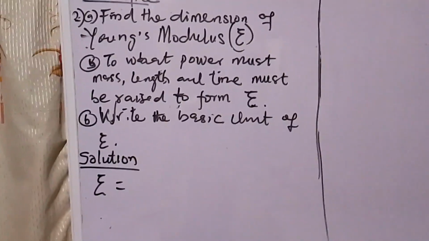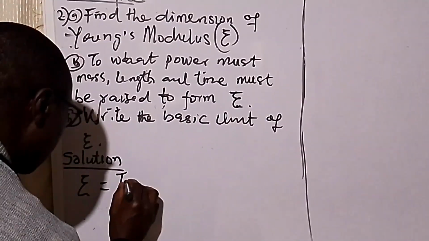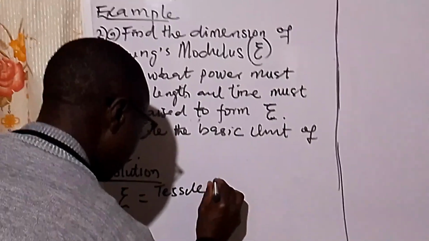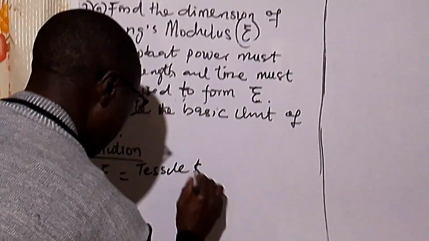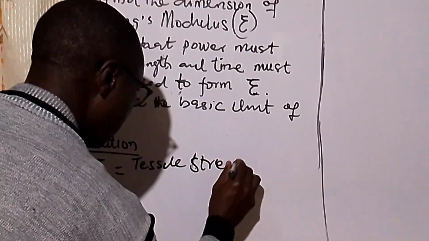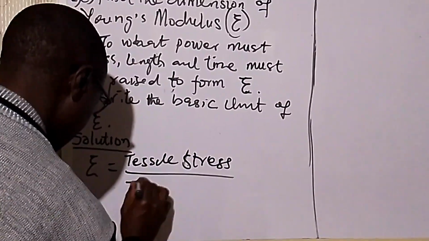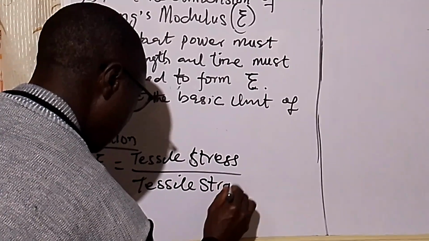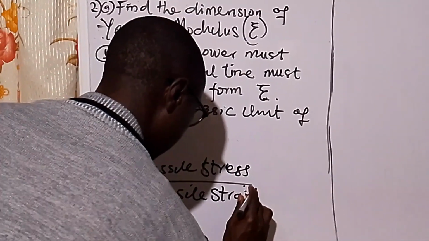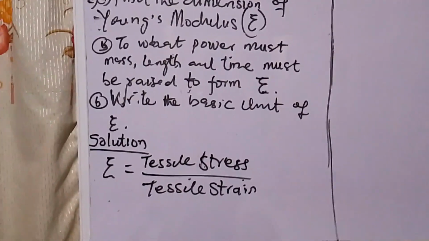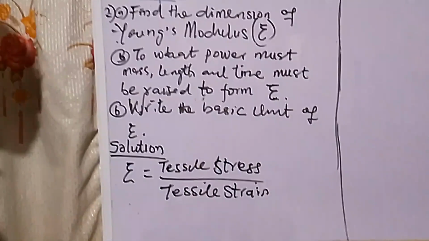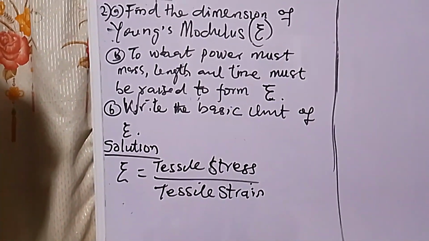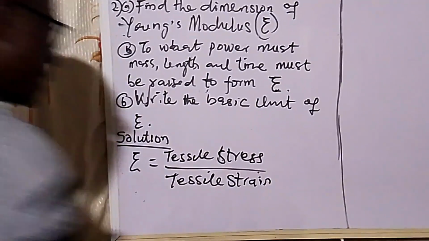That's the symbol, and the formula is tensile stress over tensile strain. You can now say that both quantities that constitute Young modulus are derived. Then we need to reduce them.